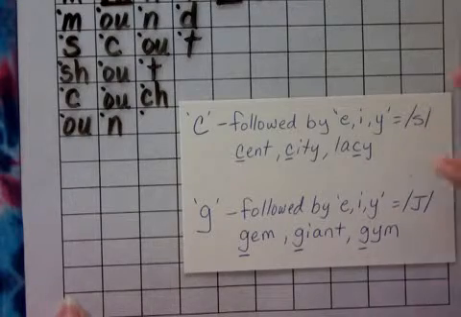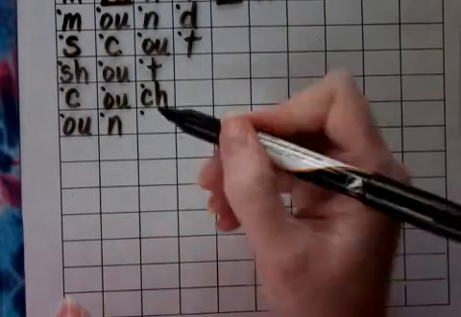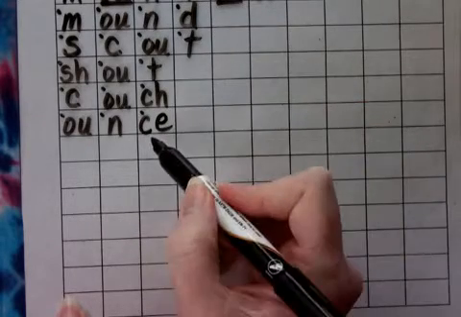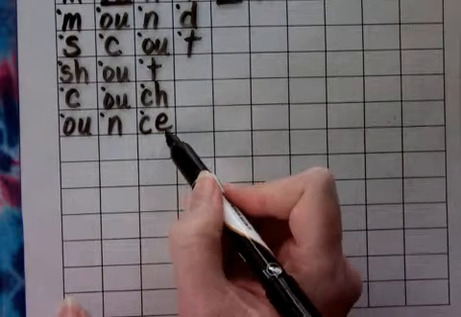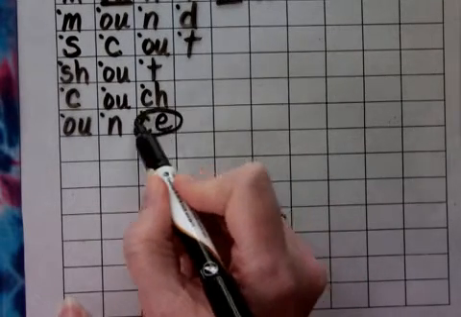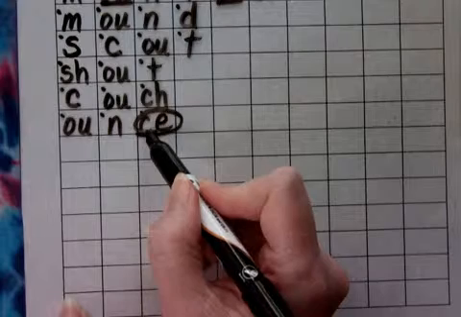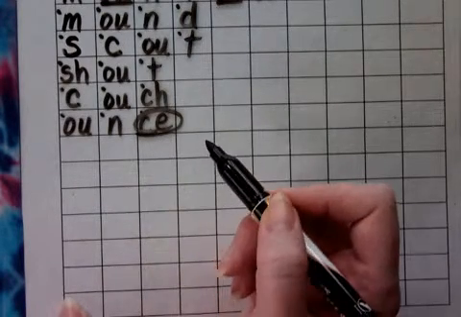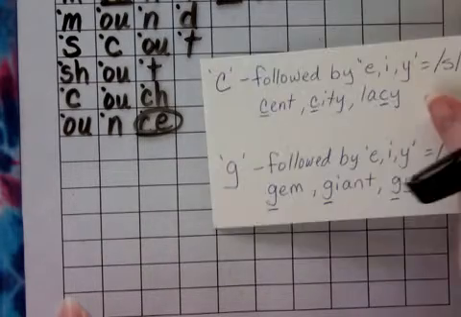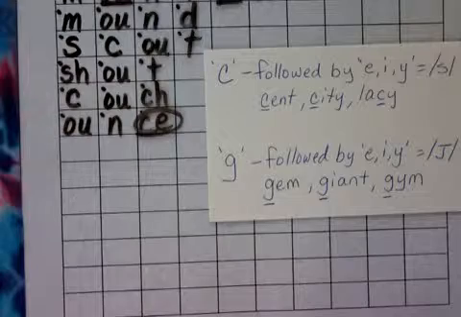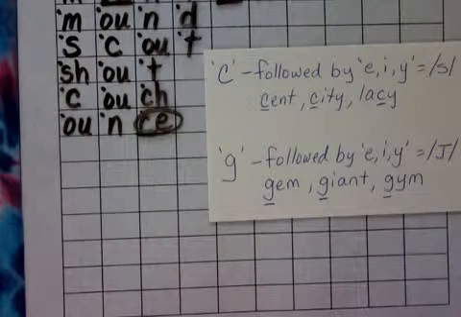Okay, so ounce has a C with an E at the end because C followed by an E, I, or Y will say the S sound. If you want to, you can circle this so that you know the C and the E are working together to make the S sound. Again, here's the card. C followed by an E, I, or Y says S.